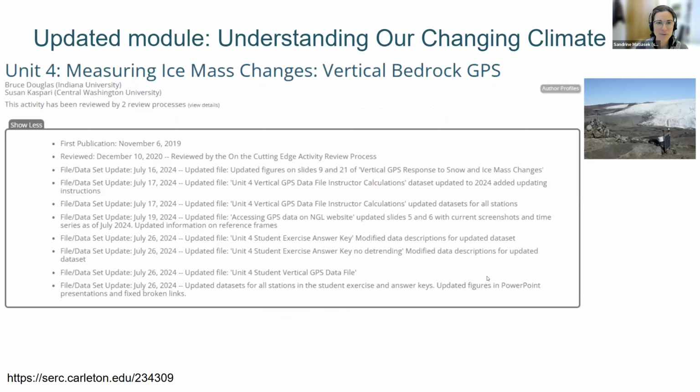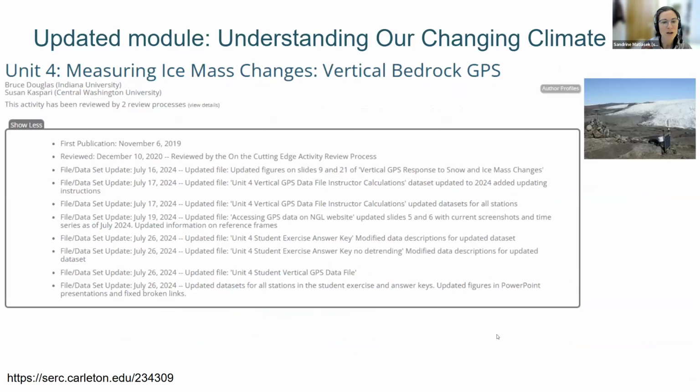All right, so for Unit 4, there were many updates that were done on the data sets of Units 2, 3, and 4. So this is a screenshot of the updates that were done on Unit 4, but they're quite similar for the other 2 data-rich units.